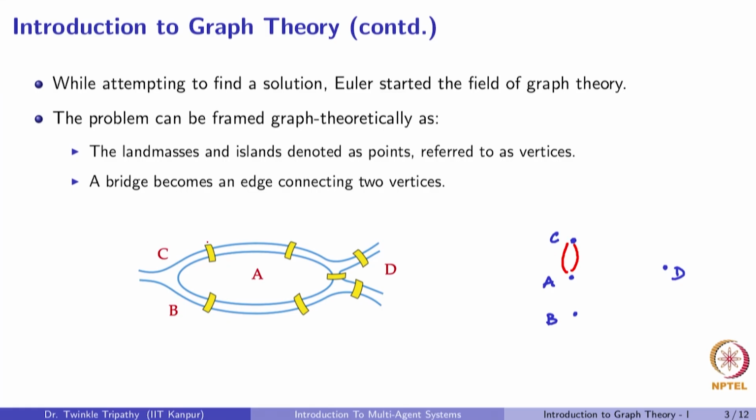If we can see, A and C are connected through 2 bridges, and again A and B are connected through 2 bridges, and A and D are connected through just 1 bridge. Similarly, C and D are connected through just 1 bridge, and B and D are also connected through just 1 bridge. Meaning, this is what the question looks like.